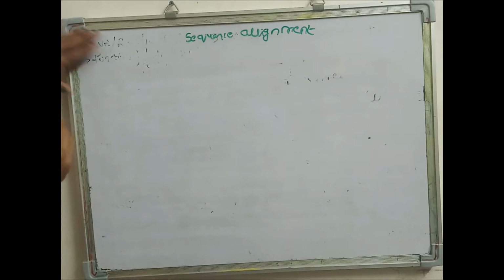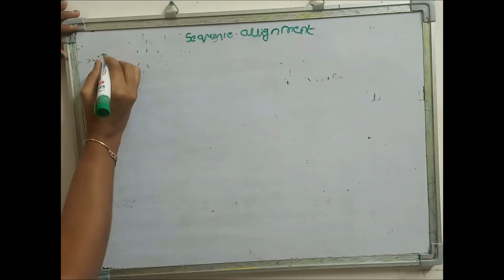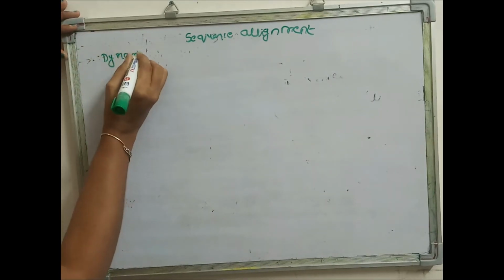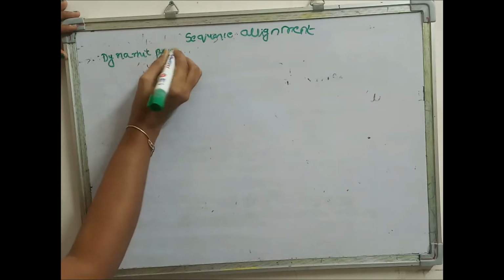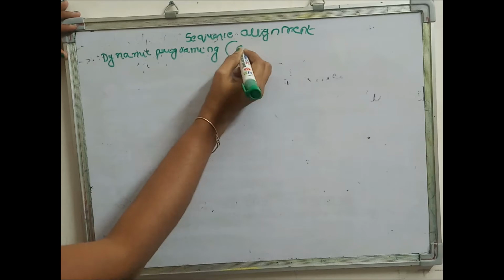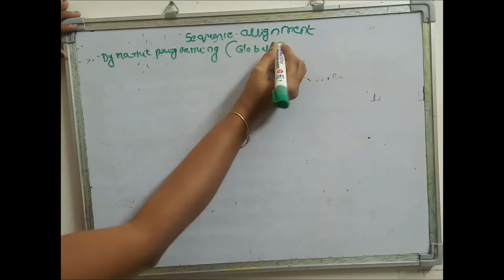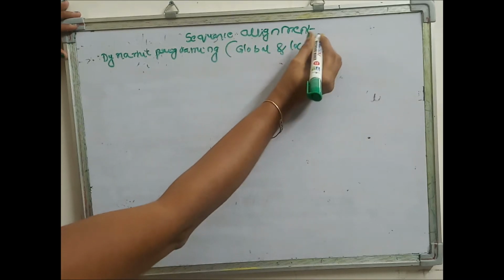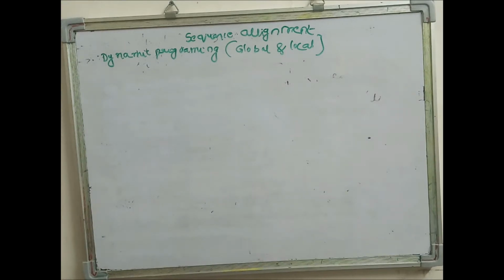In that, the third method we are talking about is dynamic programming, which we can use for global and local alignment. This technique of dynamic programming can be applied to produce global alignment via the Needleman-Wunsch algorithm and local alignment via the Smith-Waterman algorithm.